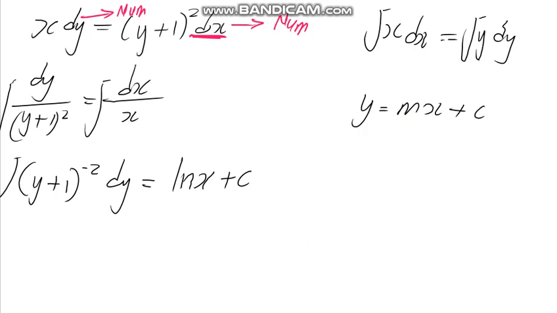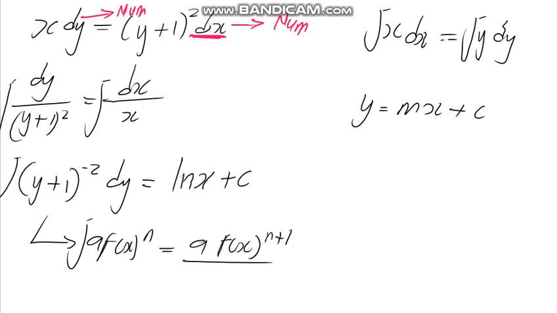To simplify this, we're going to say this is the same as the integral of a f of x to the power of n. This will be equal to a f of x to the power of n plus 1 divided by n plus 1, times 1 over f prime of x.